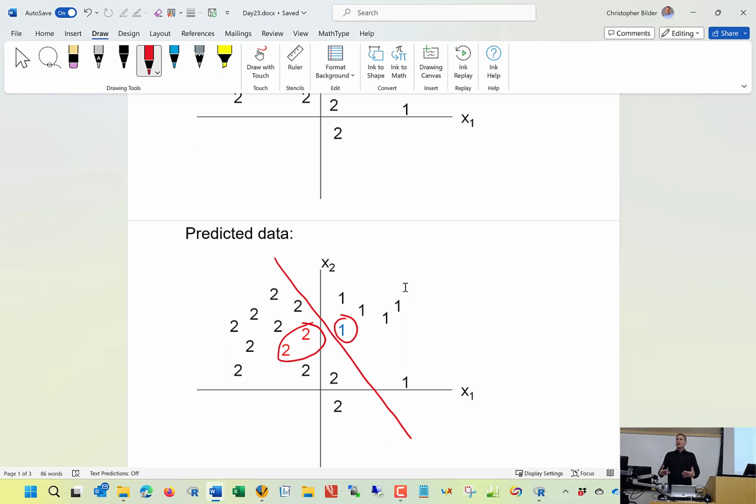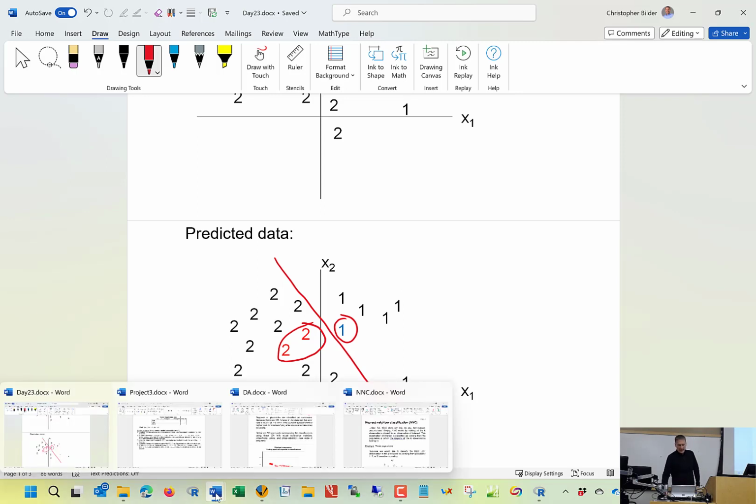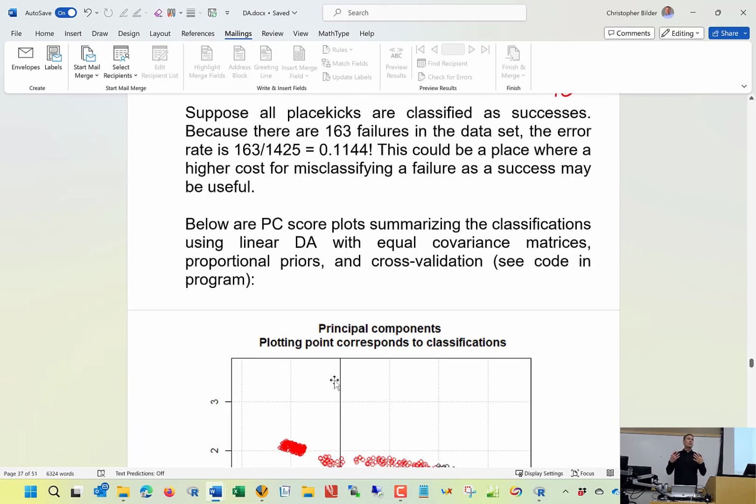Now, of course, in most situations, you're not just going to have two variables or three variables. You could do exactly the same plot like this. So instead, we go back to our previous experiences about how to plot multivariate data. You could do a parallel coordinates plot where you have the color of the line corresponding to what was originally observed for the groups, then do another parallel coordinates plot and have the line color correspond to your prediction.